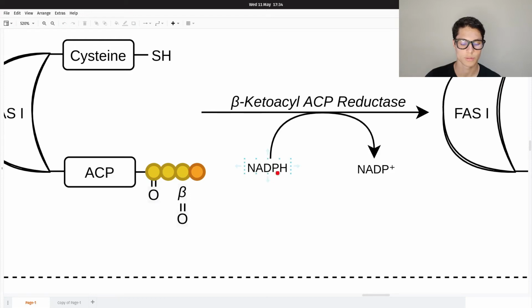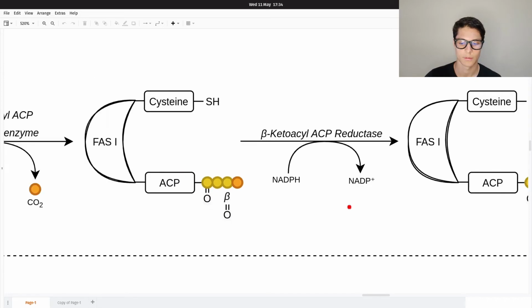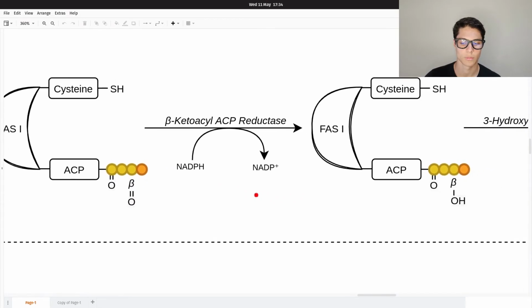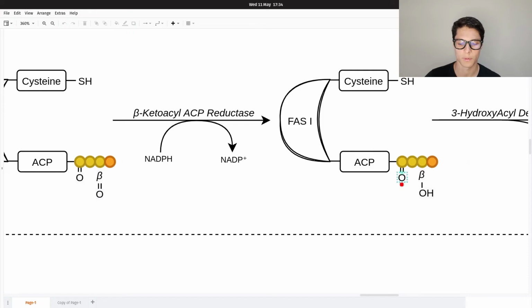We're going to use NADPH now in this reaction, because we are going to reduce this double bond here and get rid of it. As you can see, we continue and boom, we added hydrogens.